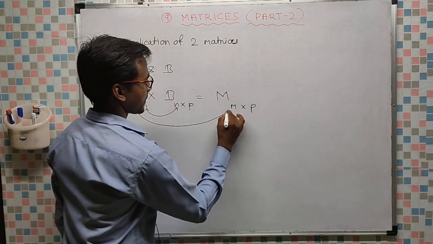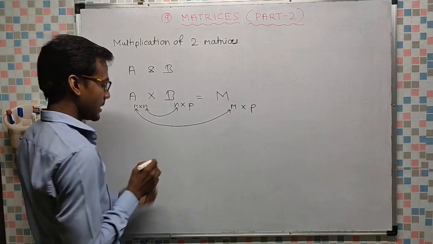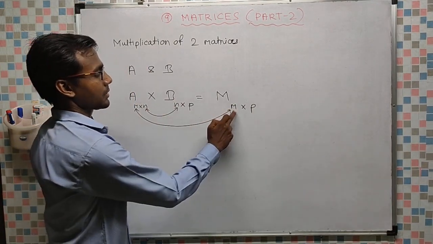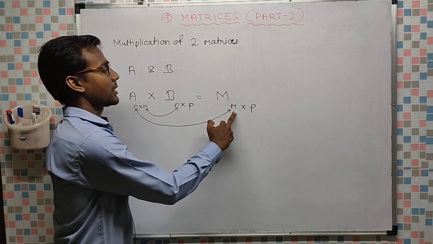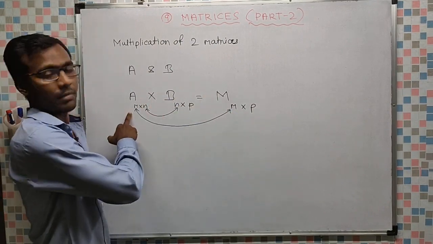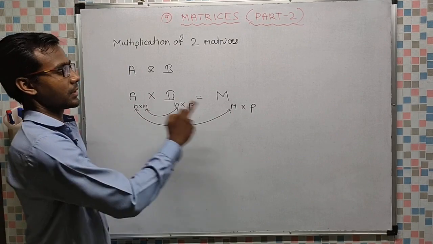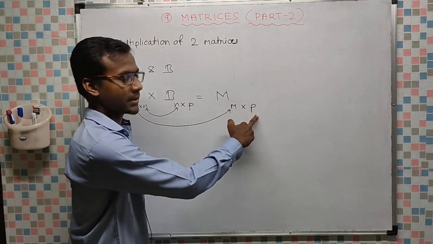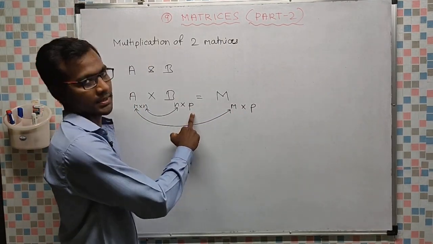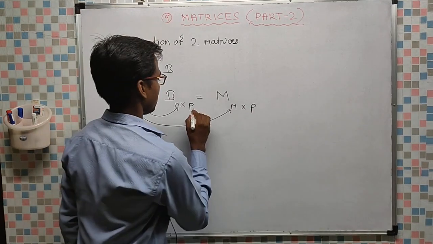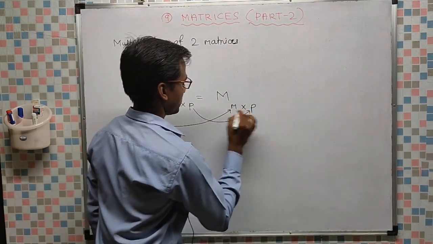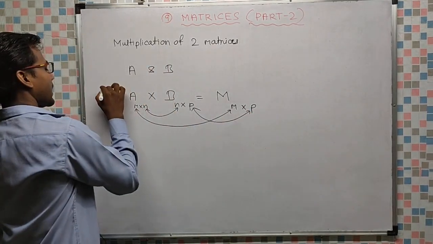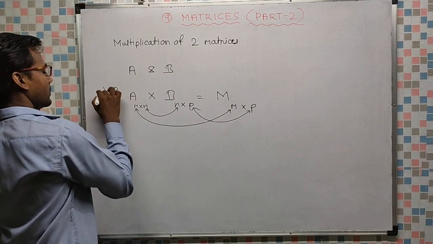So remember this diagram. This m is equal to this m. That means the number of rows of the resultant matrix is equal to the number of rows of the first matrix. The number of columns of the resultant matrix is equal to the number of columns of the second matrix. This diagram is very important.